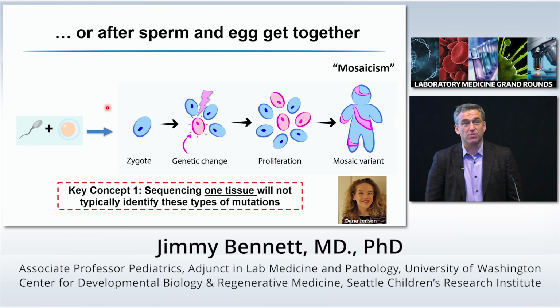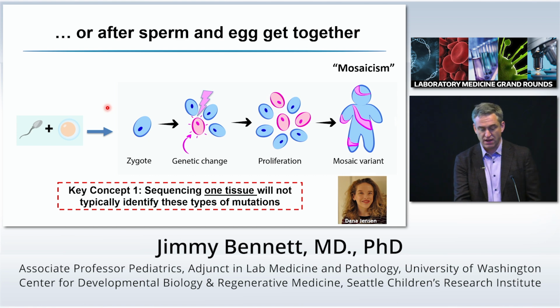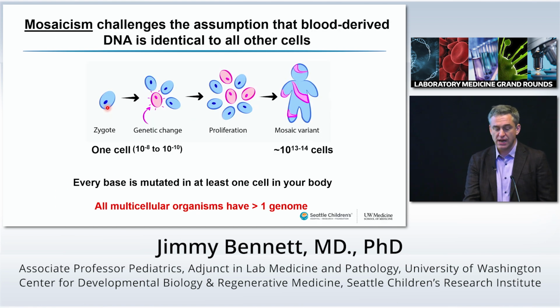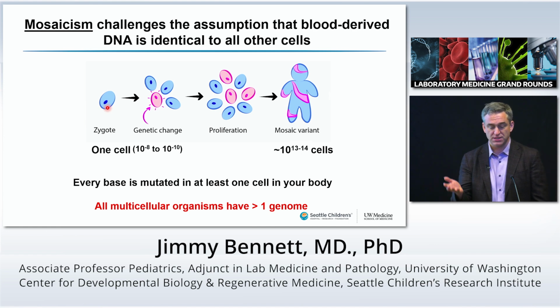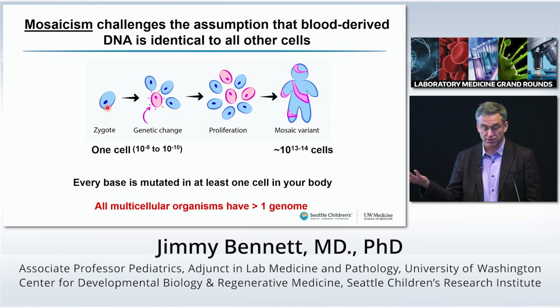So key concept number 1 is that sequencing one tissue from an individual, just because it's convenient, blood or saliva, is not going to identify these types of mutations. And really, this concept of mosaicism challenges the idea that blood-derived DNA is identical in all their cells. This is an implicit assumption when you have a blood sample and someone gets their personal genome.